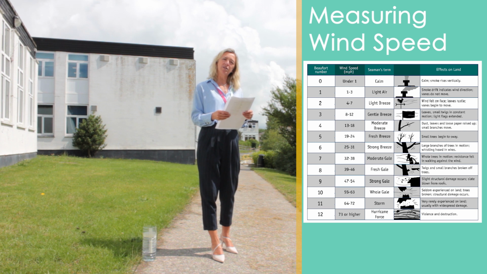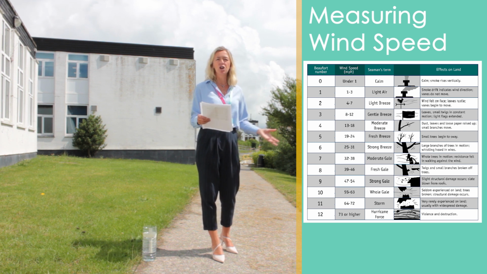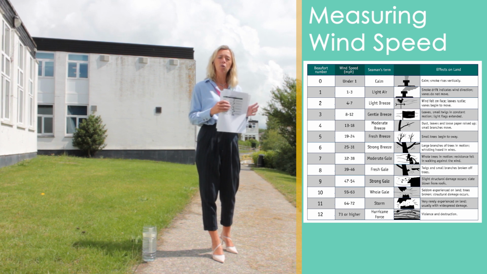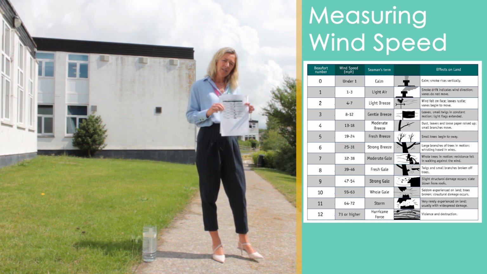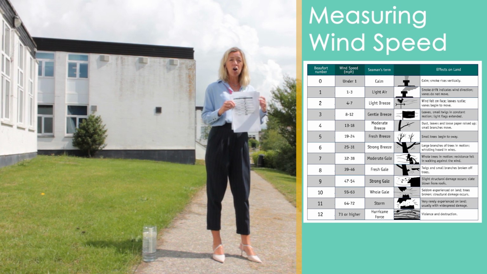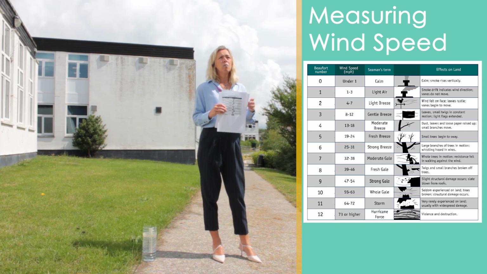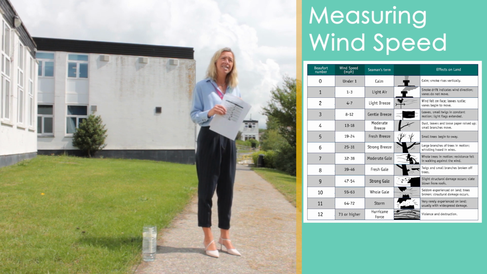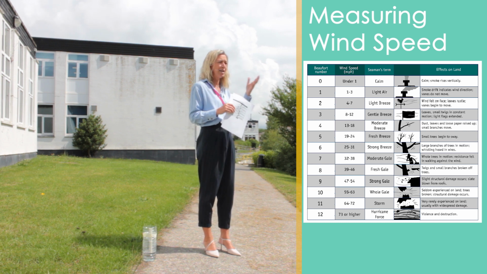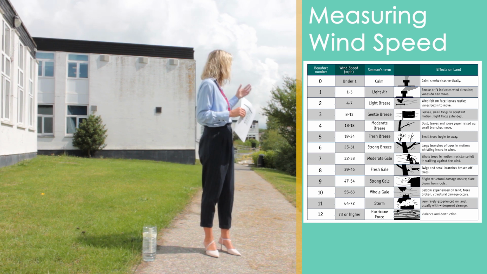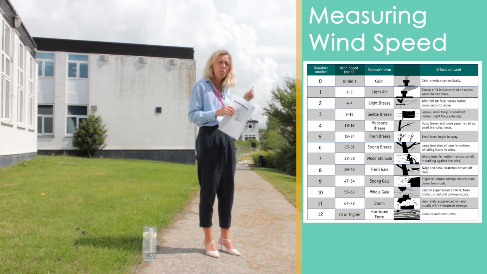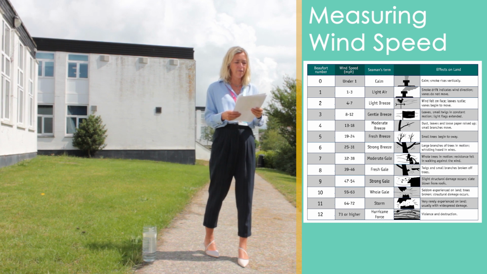The Beaufort scale is a way of making that judgment, and on the PowerPoint you'll be able to see a little table of it. What's really good about this is there are some diagrams to show you what's happening. So you've got to have a look at the land around you and see what impact the wind is having on the grass or on the trees or on the branches. You might be able to see some of the branches moving, but they're not moving very much.